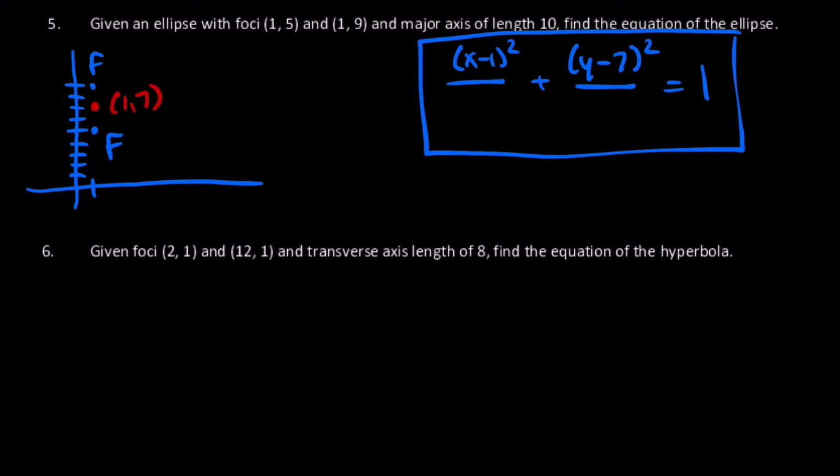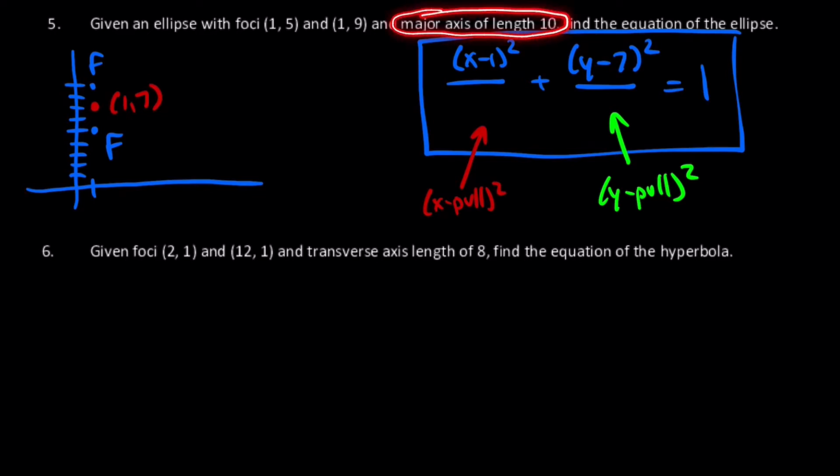Now, what goes where? Underneath here will be your x pole squared, and underneath here will be the y pole squared. Now, unfortunately, I don't know either one of those right now because they give me the foci. Those are the hardest points to come up with your equation from. But they did tell us the major axis has a length of 10.